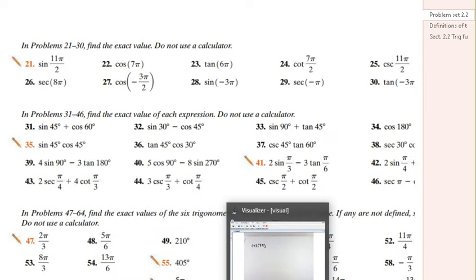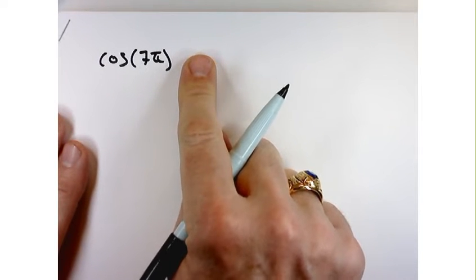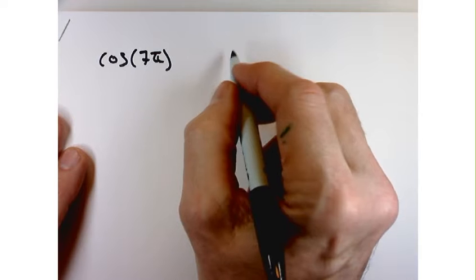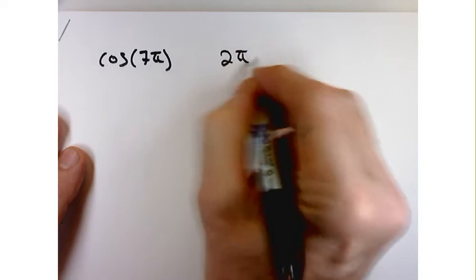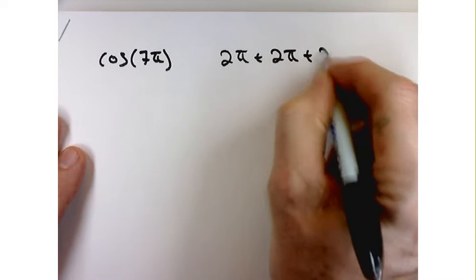So the challenge for you is to figure out, well, where does that put me on my circle? Well, you should know that this is more than once around, right? In fact, let's see. Once around the unit circle in radians is what? How far? 2 pi. So what do I got to do to get 7 pi? It's going to be 2 pi plus 2 pi plus 2 pi.